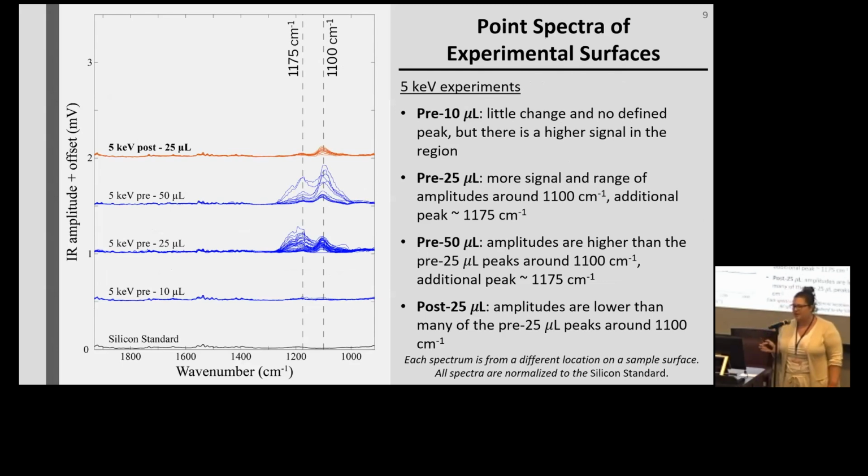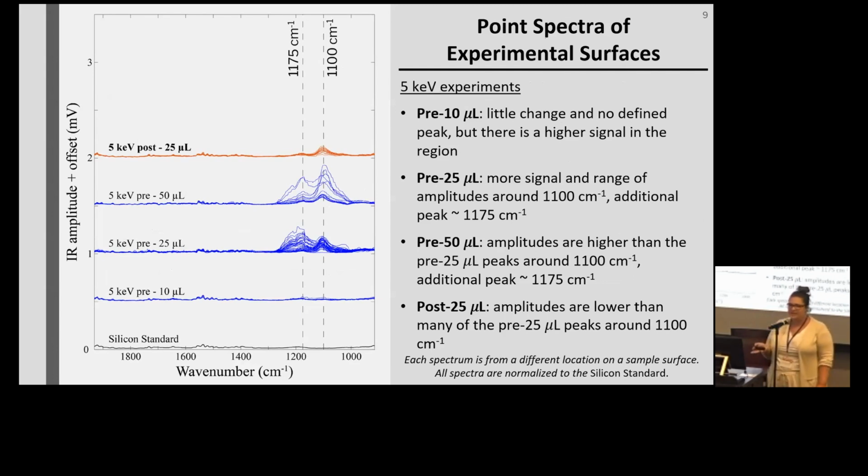So I'm going to start off by showing you the 5 keV experiments that we did. The blue spectra are the ones where the water was deposited and then the sample was irradiated. The orange is the post sample, where the sample was irradiated and then the water was deposited afterwards.